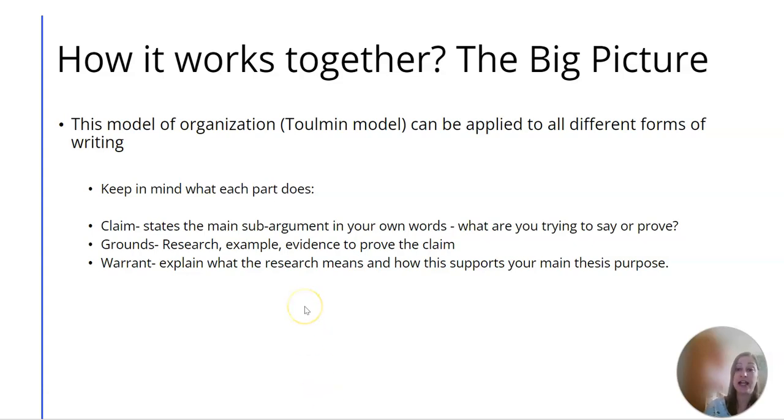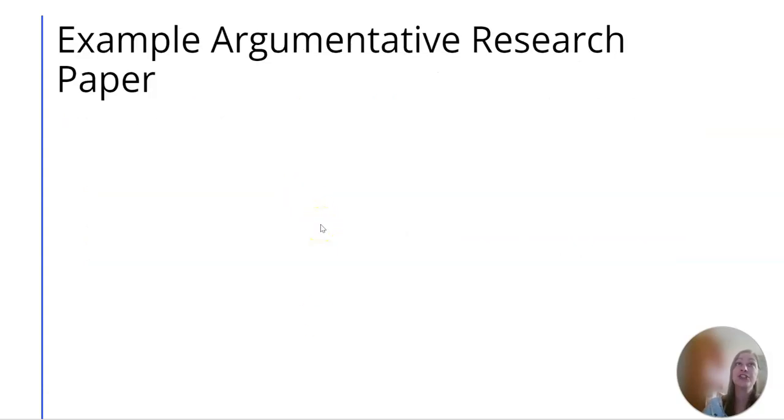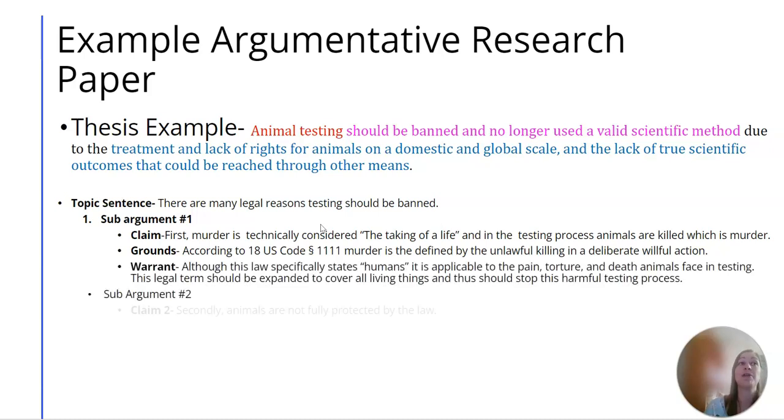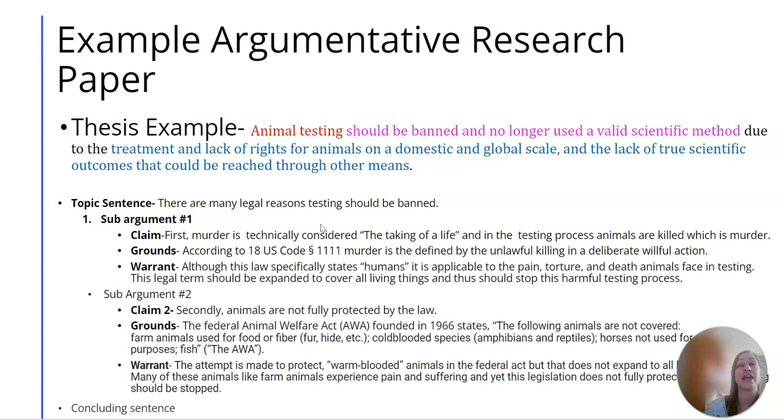In the next few slides, I'm going to show you how the Toulmin model and this style of organization can be applied to different formats of writing. Please be sure to pause on each slide and read through so you have a clear understanding of this concept. The first one is an example of using the Toulmin model in our paragraph structure with an argumentative research paper.